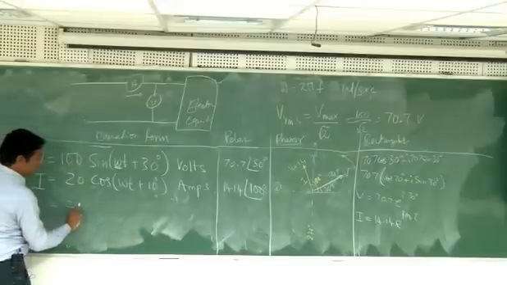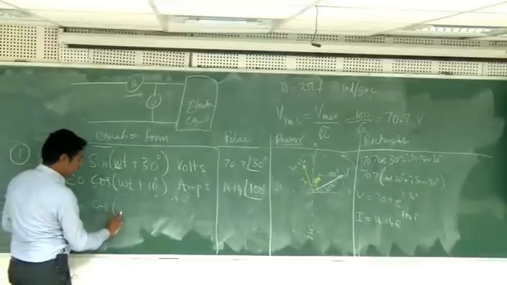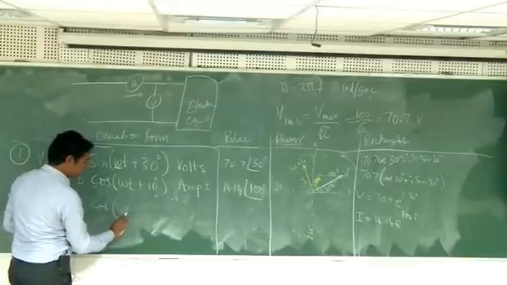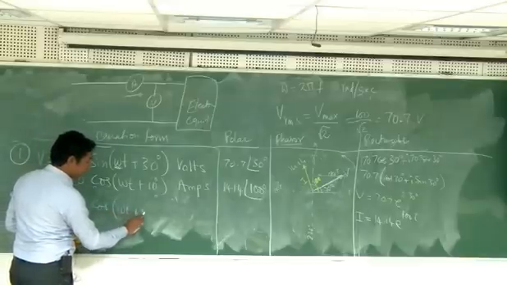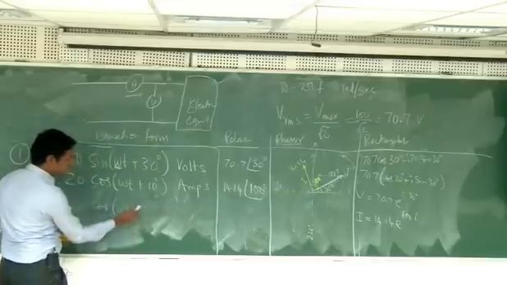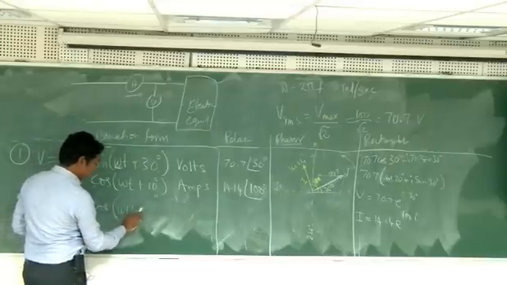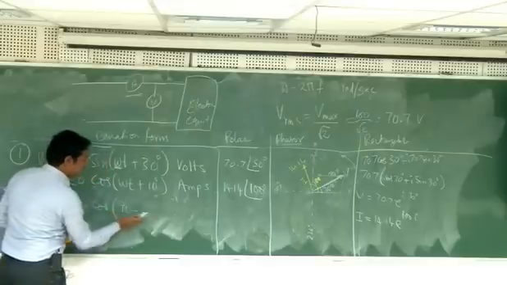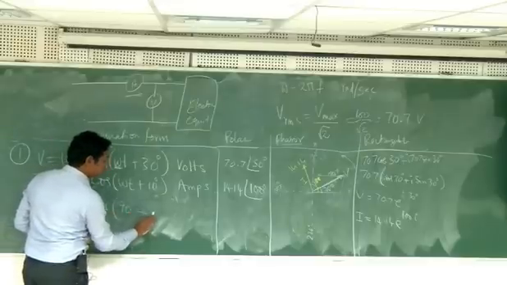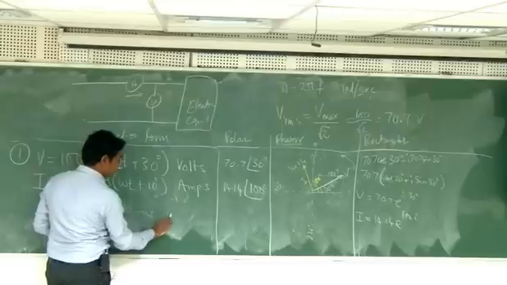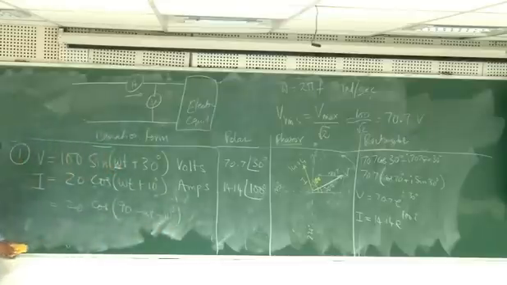So instead of this, if I write it plus, no, what should I write? Yeah. So 90 minus omega t minus 10. Then what happens next? Here it should be sine.